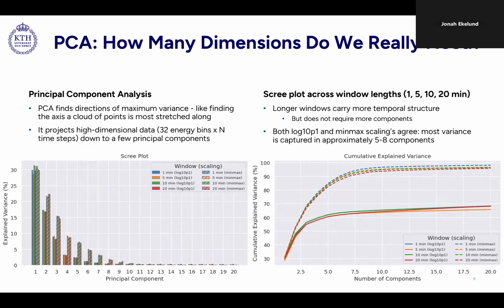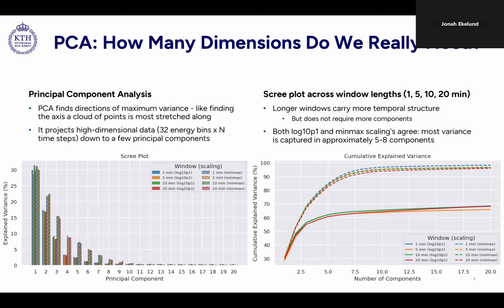And we can also plot the cumulative variance, so we can see how much of the total variance in the data we have explained with a number of reduced features.